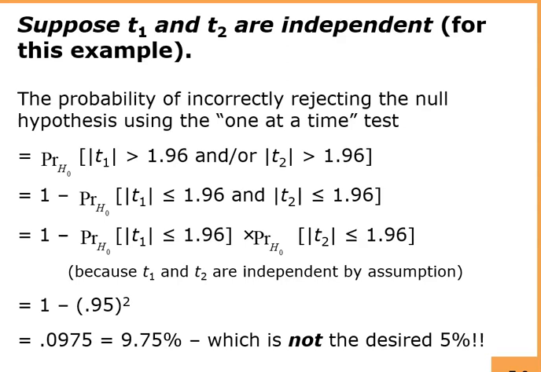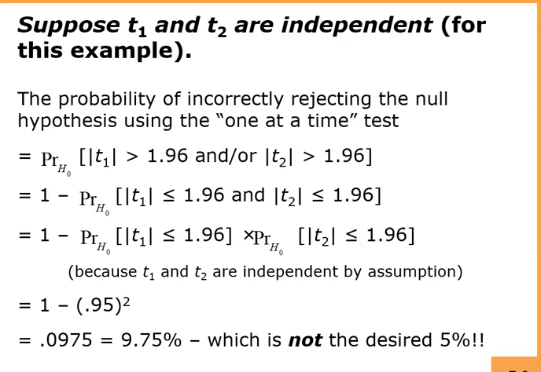So once again, taking you back to one of the earlier lectures, rejecting the null hypothesis at a significance level of 5% means that the probability of incorrectly rejecting the null hypothesis was 5%. So when you follow that same logic, this probability comes out to be 9.75. So this probability is not equal to 5%, which it should be, because we are actually testing for the null with the significance level of 5%.